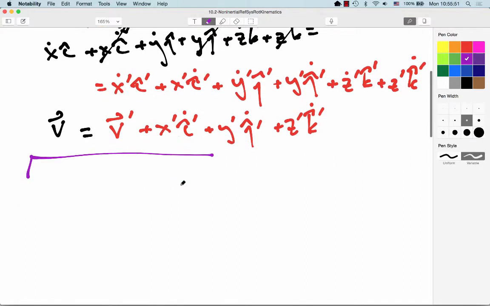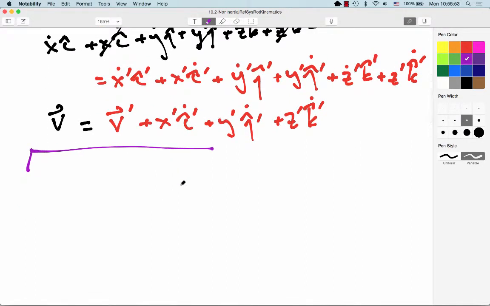Quick sidebar thought on that. Let's imagine that here's my point P, and here's my origin down here. So then this is some vector r.